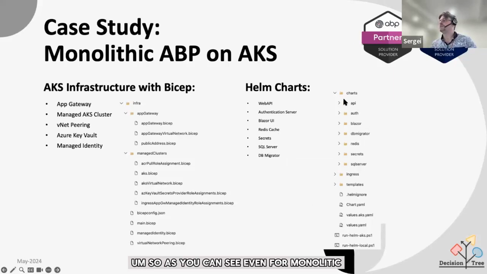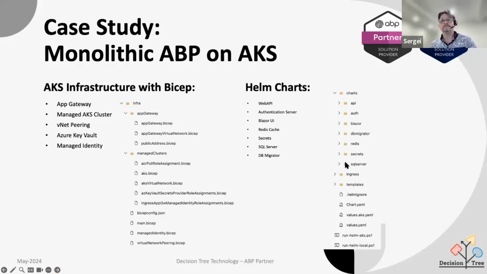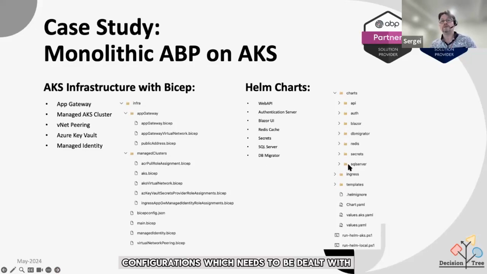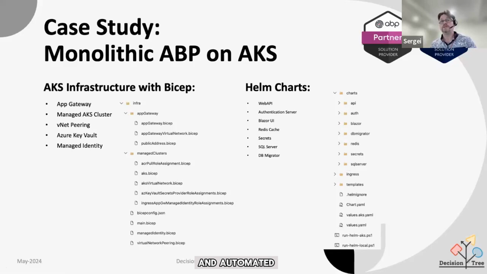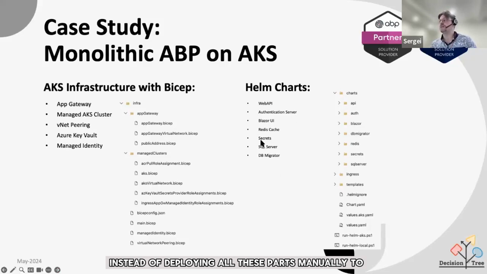So as you can see, even for monolithic architecture, which is simple relative to microservice, there are quite a few configurations which need to be dealt with and automated. So using automation tools is very helpful, instead of deploying all these parts manually to same Azure or VM. It makes a lot of sense investing in deployment automation and DevOps practice.